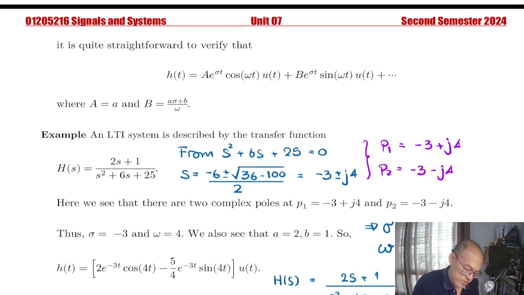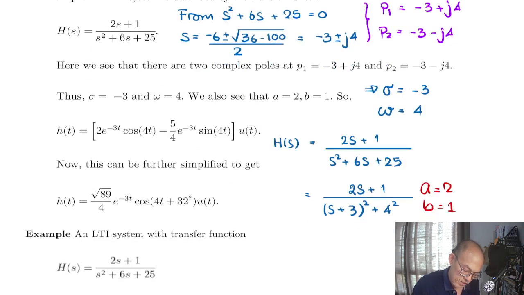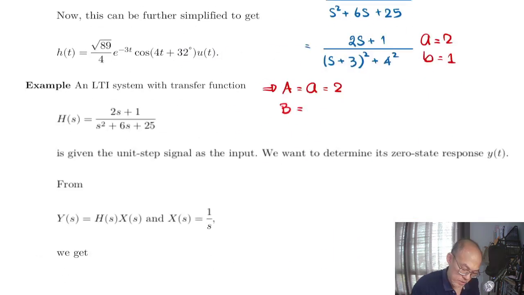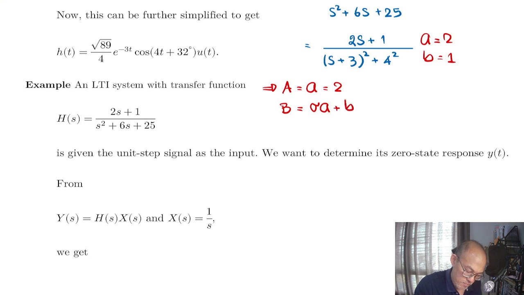And then I could use this formula here. So I can calculate capital A. So the capital A is equal to a, which is 2, and capital B is equal to sigma a plus b over omega. Sigma a plus small b over omega.